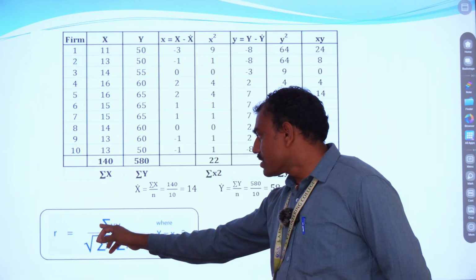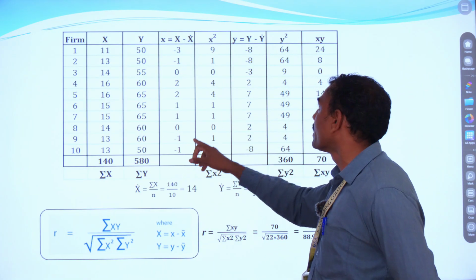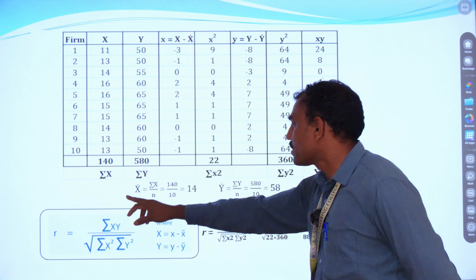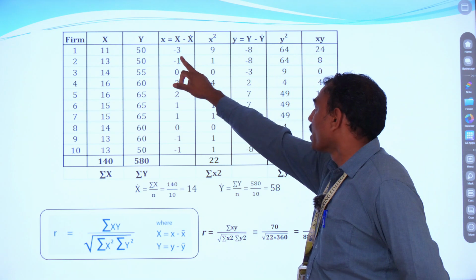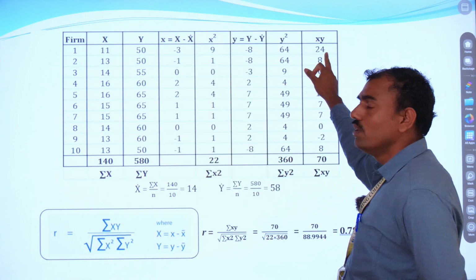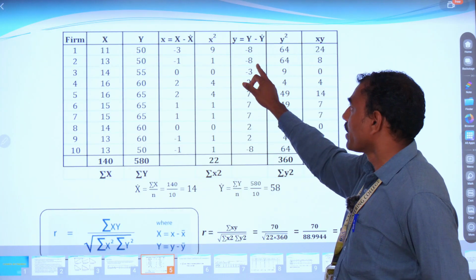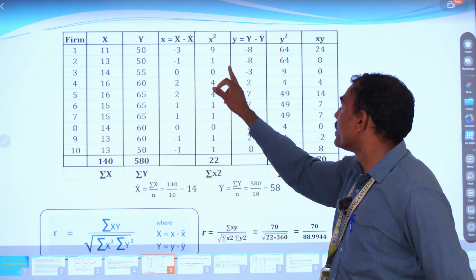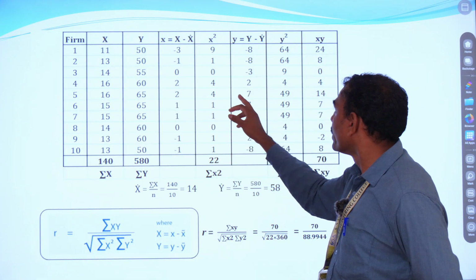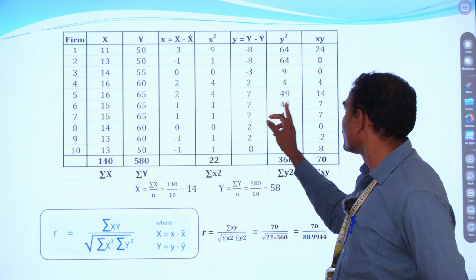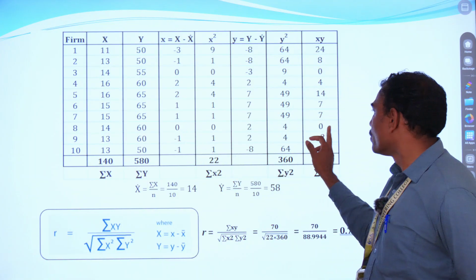Next we need summation of xy. We use the x and y values, and xy means x into y. Each x into y: minus 3 into minus 8 equal to, minus into minus is plus, 24. Minus 1 into minus 8 plus 8. 0 into minus 3 is 0. 2 into 2 is 4. 2 into 7 is 14. 1 into 7 is 7. 1 into 7 is 7. 0 into 2 is 0.